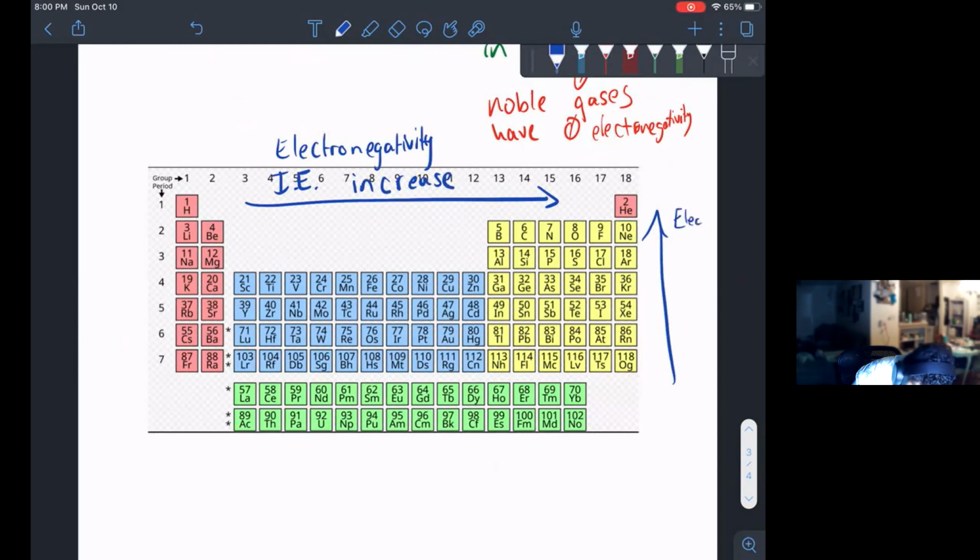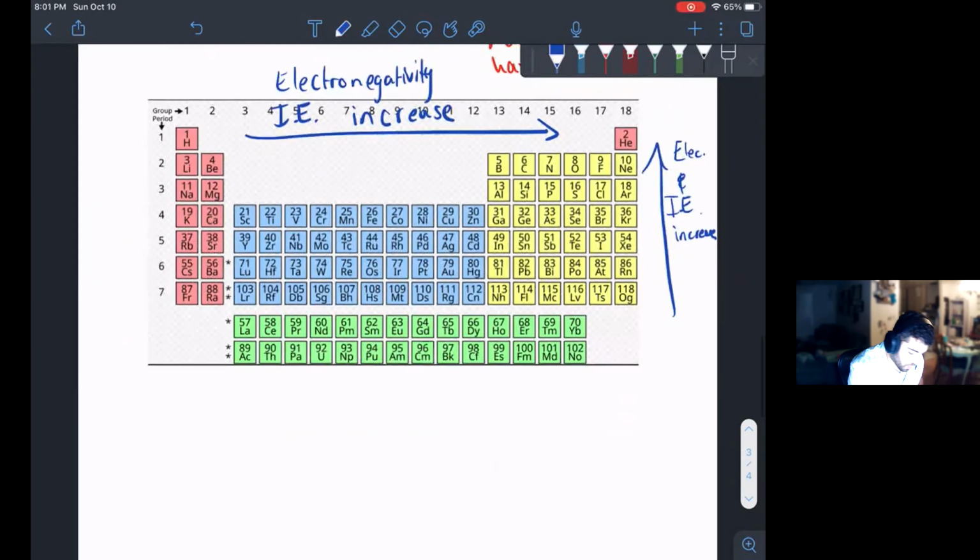I'm just going to say elect and IE increase. So the question now is why?